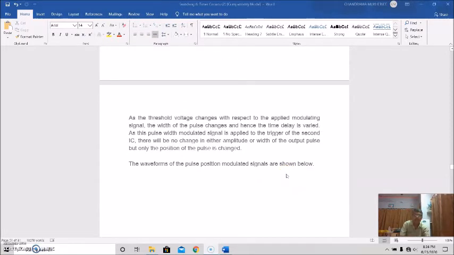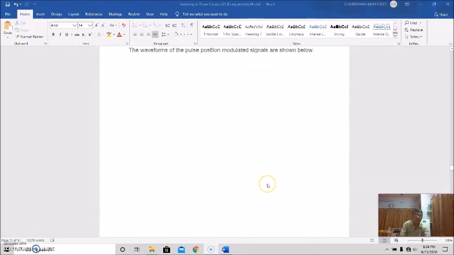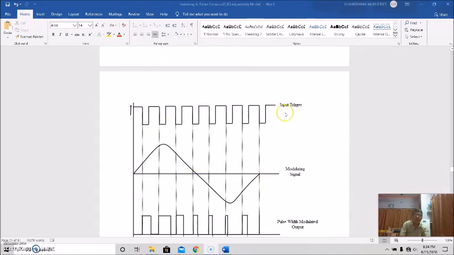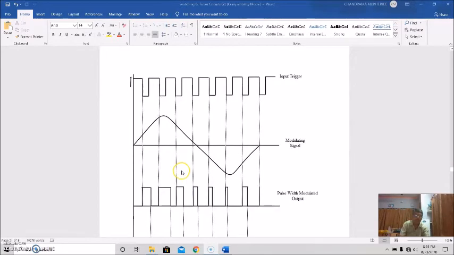So, the waveforms of the pulse position modulated signals will be given like this. This is the input trigger. Okay, this is the modulating signal, applied to pin 5 of the timer IC 555, which is used as an Astable multivibrator.